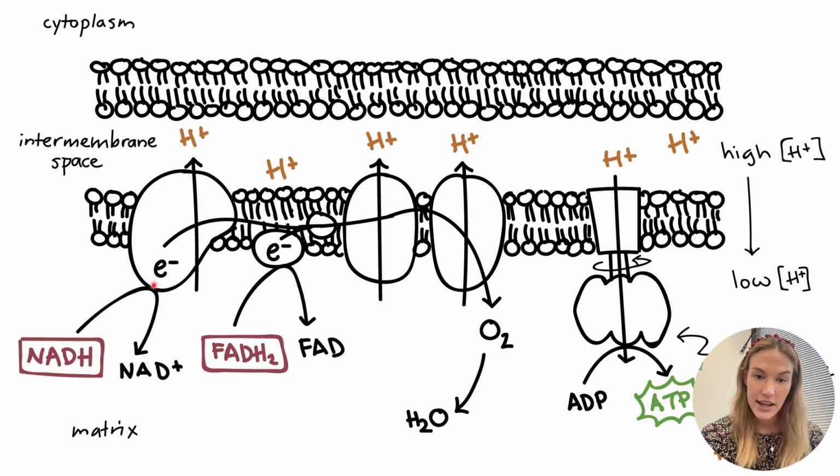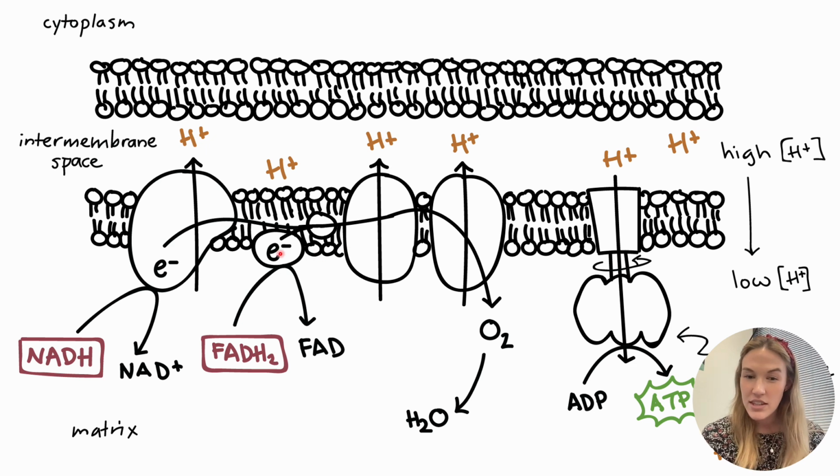Now this electron is going to move down the electron transport chain. Now these don't get excited because they're actually already high energy electrons. So this is a high energy electron, which means that it is getting passed from complex to complex. And every time it gets passed from complex to complex, it is going to be a little bit lower energy.